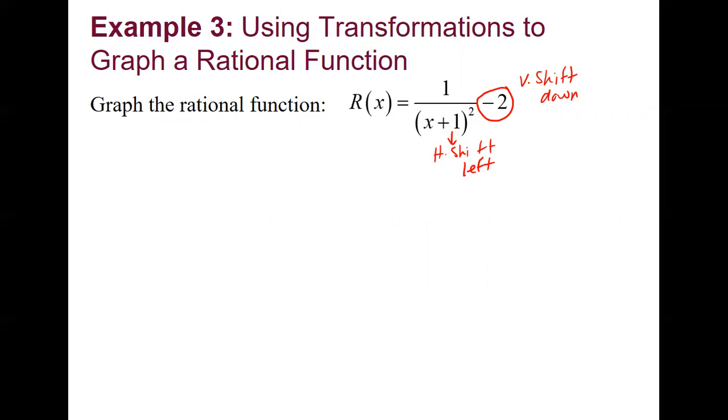So how is that shifting? Well, it's causing my asymptote to move, right? My vertical asymptote is affected. So this is not just a shift, but it's my vertical asymptote. And this one is my horizontal asymptote.